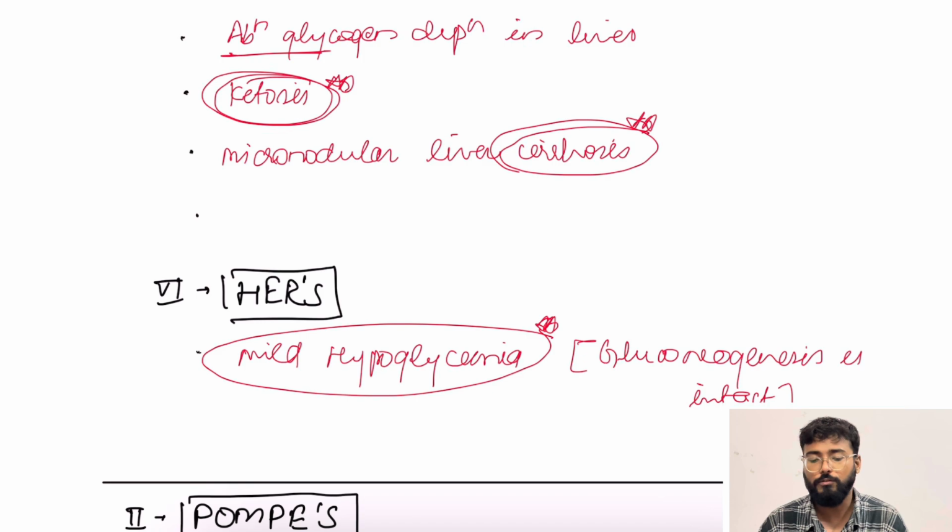But this is not the case in Hers disease. So there will be mild hypoglycemia because gluconeogenesis is intact. You just need to remember this.